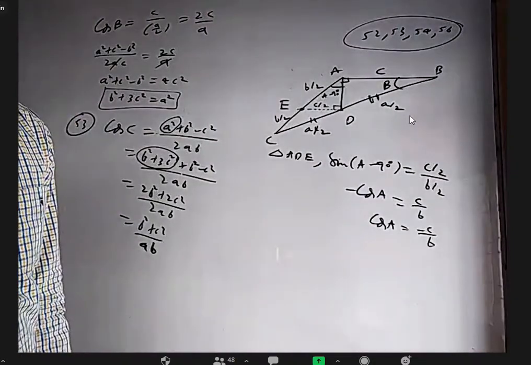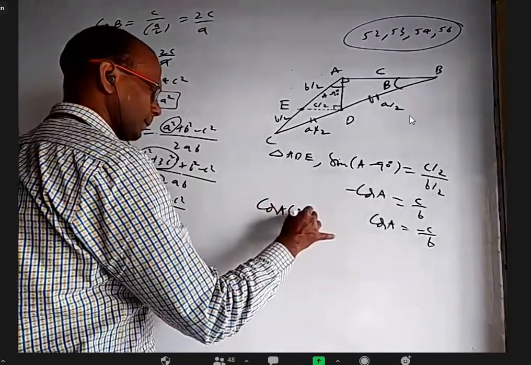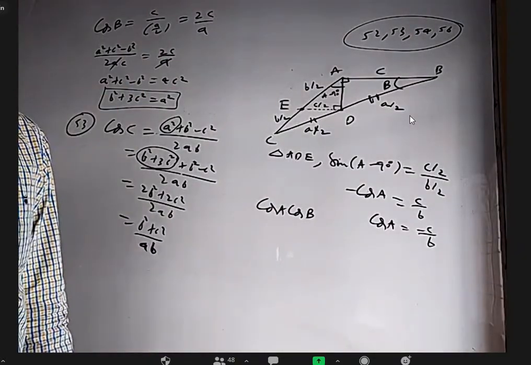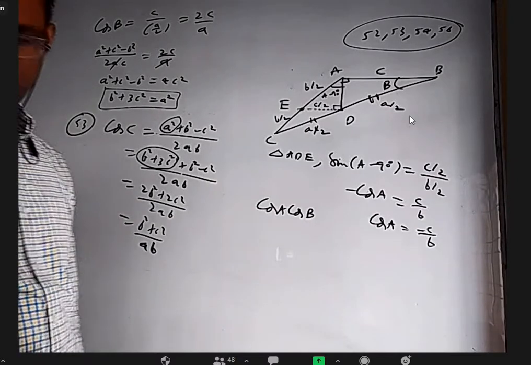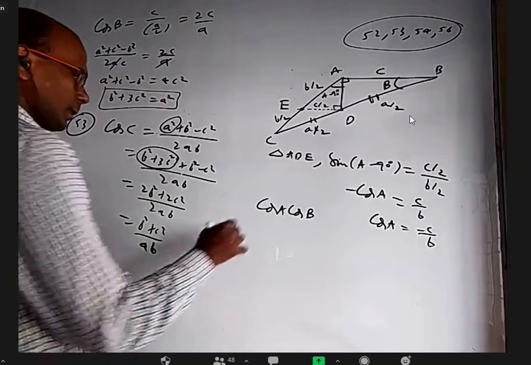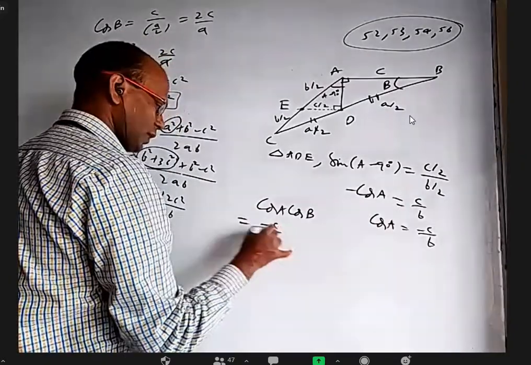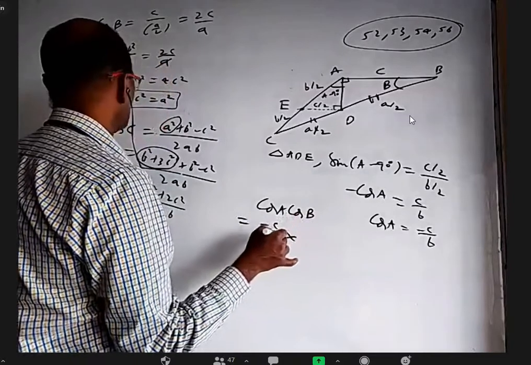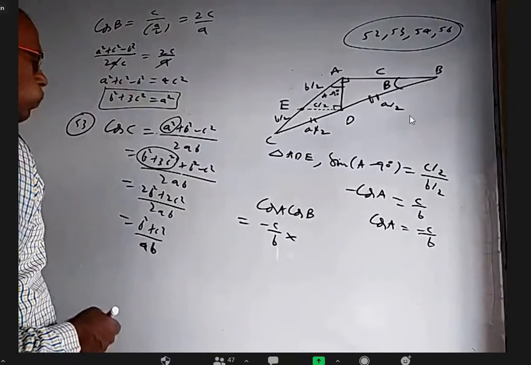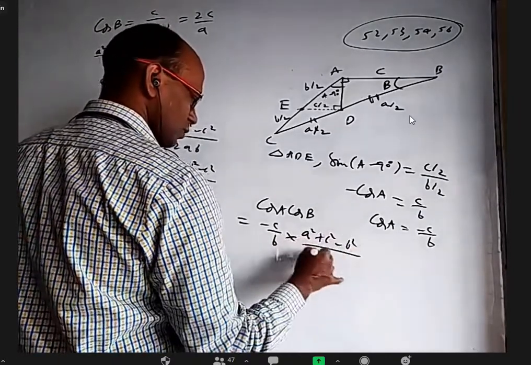Now in 54, I want cos A, cos B. And the answer is in terms of C and A. So now I want it in terms of B and A. So I have to eliminate C. Cos A, I can use this as minus C by B. And cos B, I can use the regular formula: A square plus C square minus B square by 2AC.